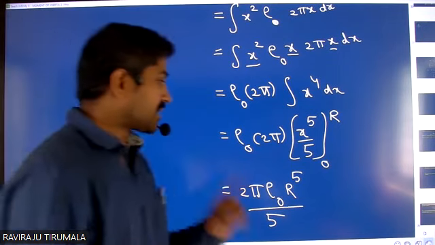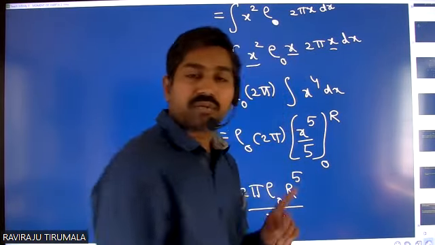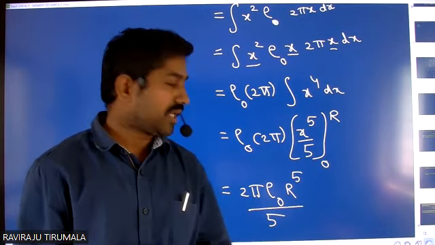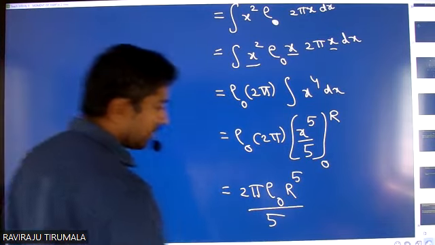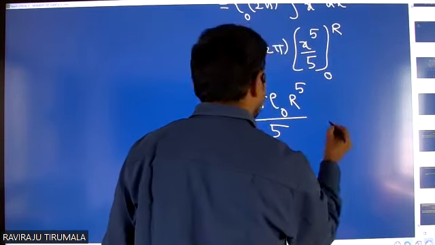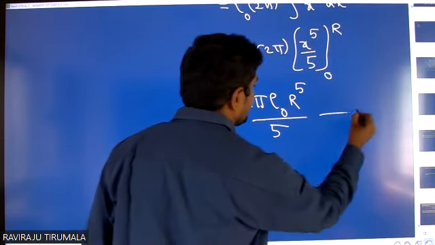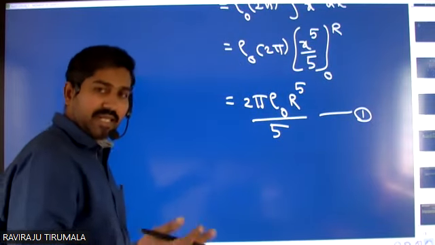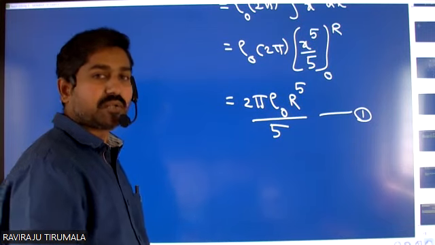But again, as in the previous case, you have to write in terms of mass m only. Okay, so better now you calculate. Let me consider this is equation 1. And how to calculate mass? If you are able to calculate, you can try to calculate it by your own also.